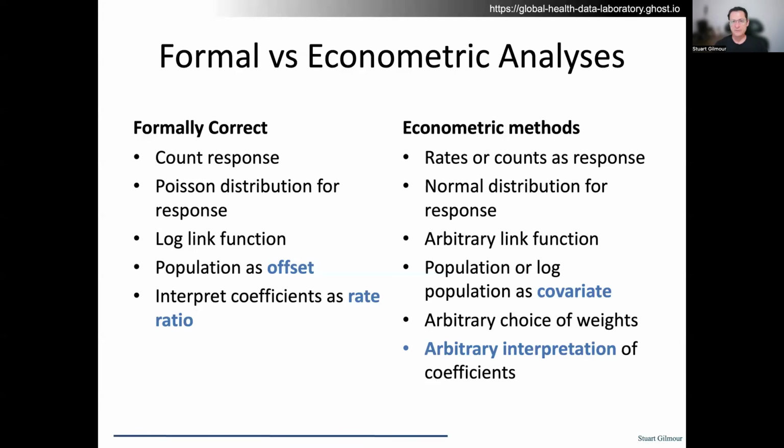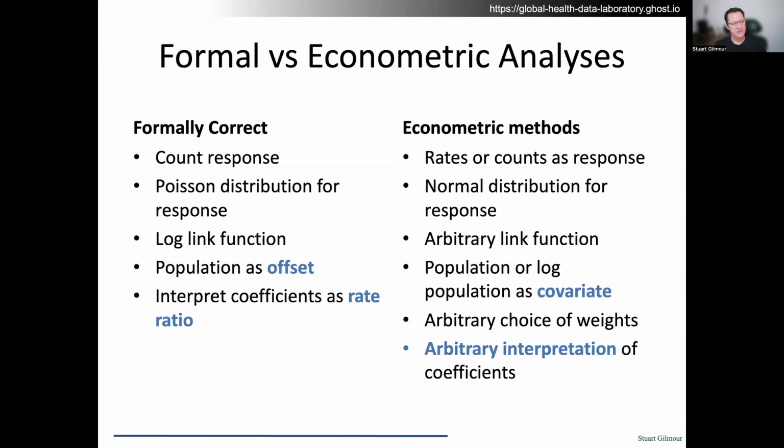That is, it enters the model as a covariate with a fixed coefficient of 1. However, in econometric methods, the population enters as itself as a covariate and sometimes logged and sometimes in its natural form. Also, econometric models frequently have an arbitrary choice of weights. They might input the population as a weight, or they might put the log of the population as a weight, or its square root.